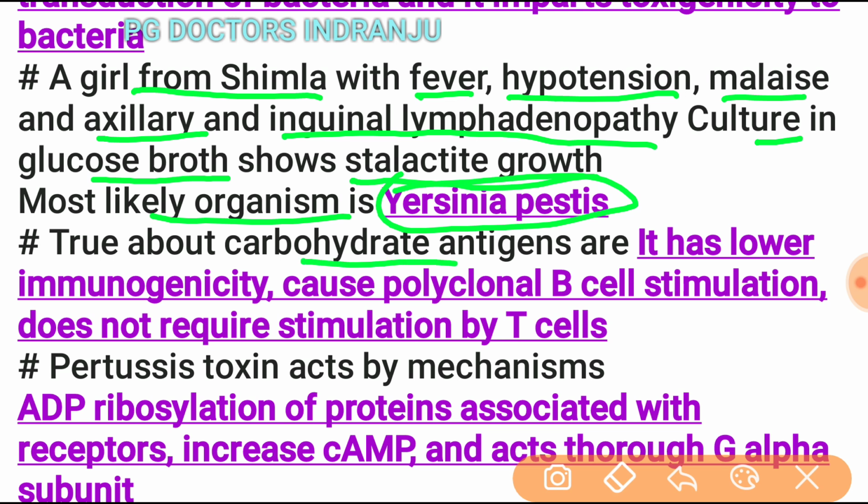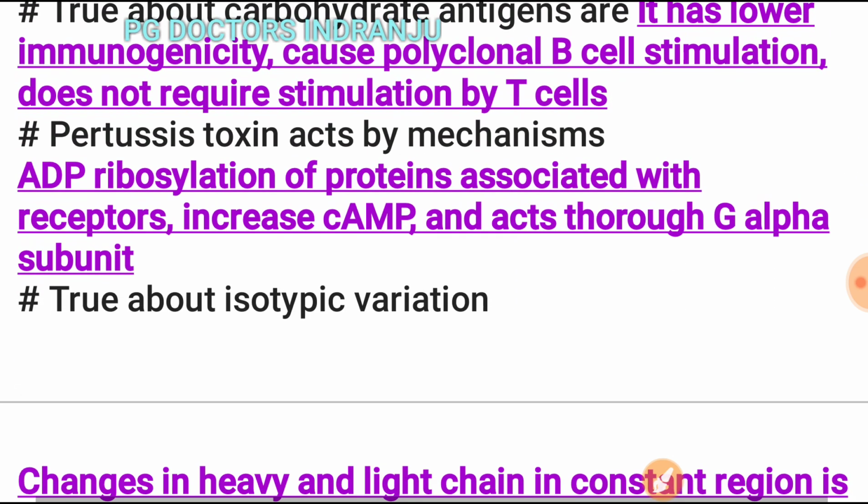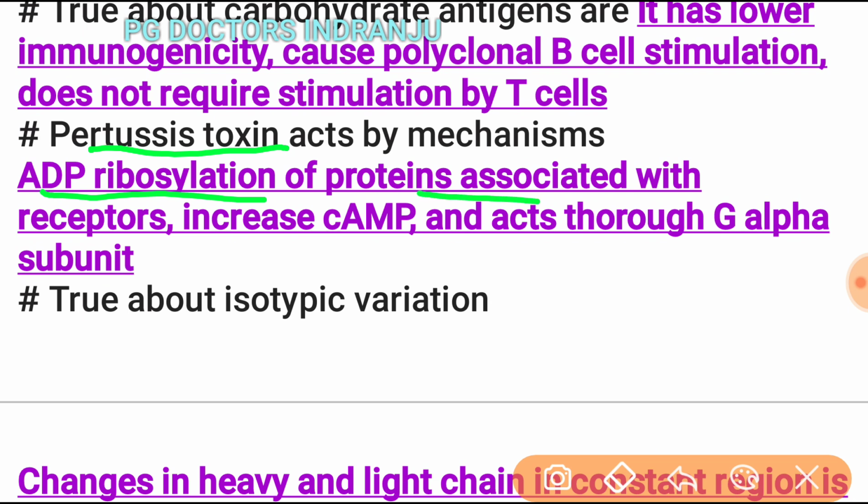True about carbohydrate antigens: they have lower immunogenicity, cause polyclonal B cell stimulation, and do not require stimulation by T cells. The pertussis toxin, or whooping cough toxin, acts by ADP ribosylation of the protein associated with the receptor, increases cAMP, and acts through the G-alpha subunit.